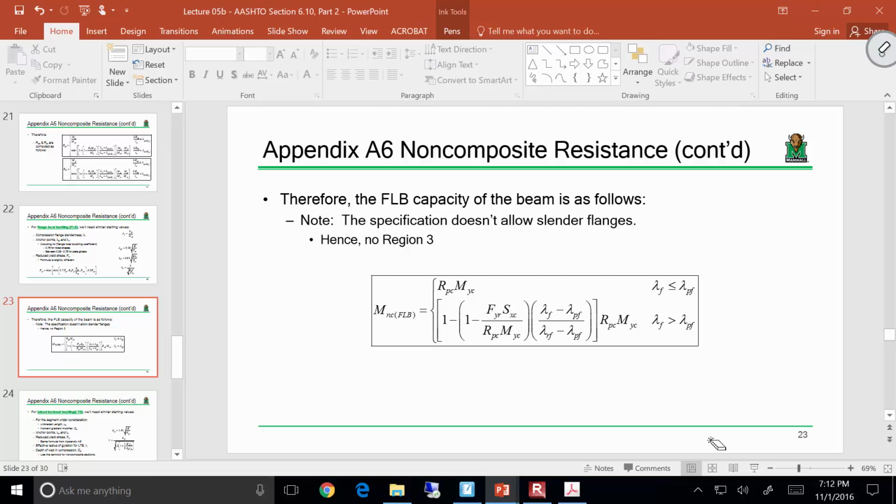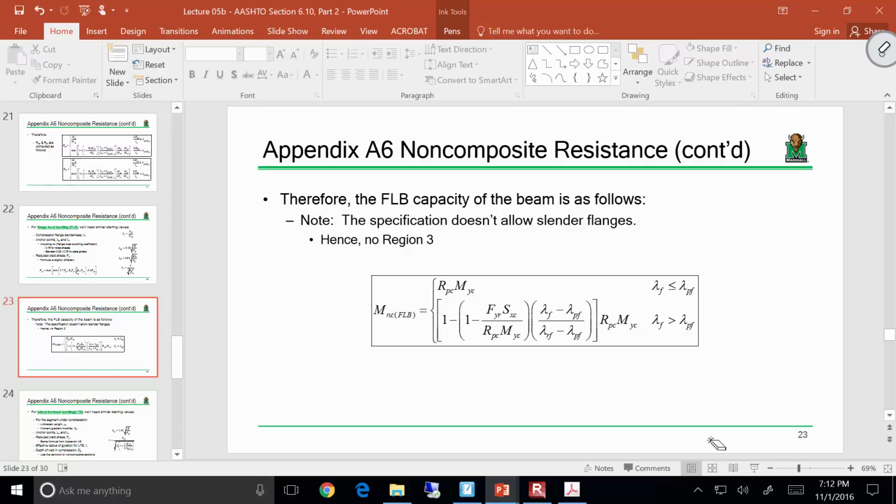Again, just a linear equation, okay? Make sense? And everything in here, we know. We know all our lambdas. We just wrote them down. We know what FYR is. That's our reduced yield stress. We know what our section modulus is, and we just calculated RPC. All right? Make sense? Any questions?